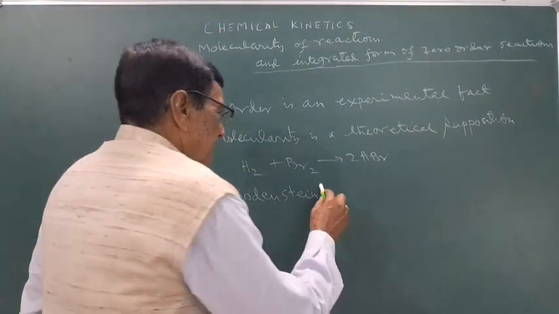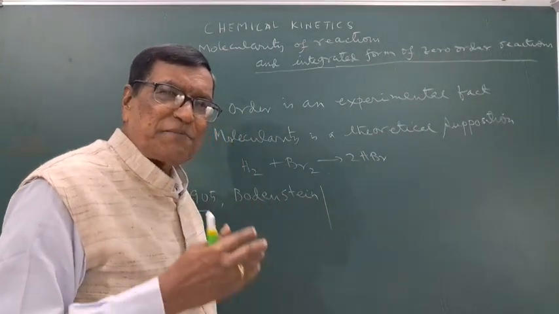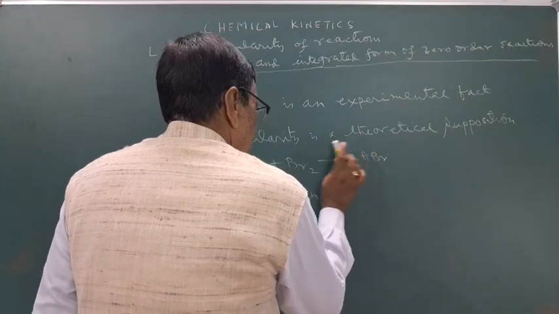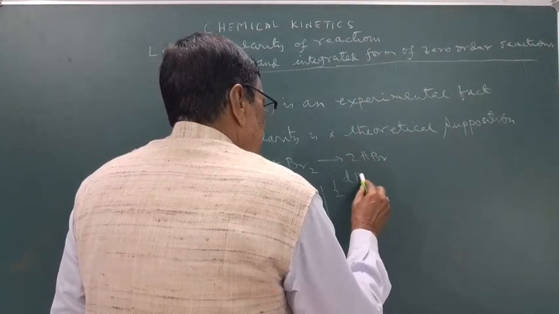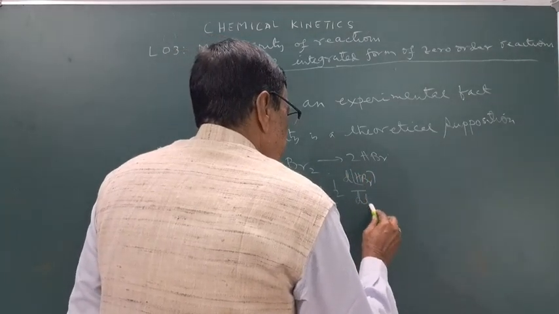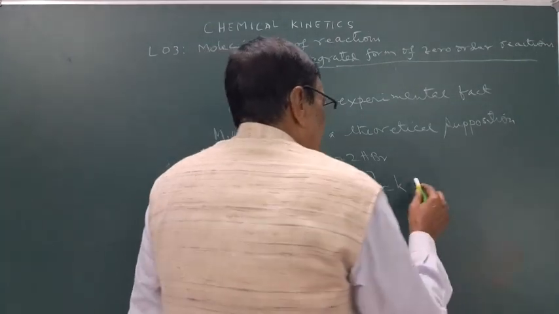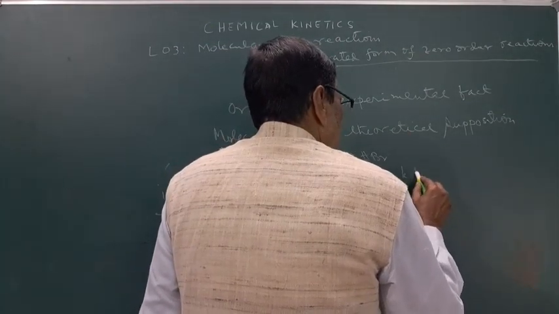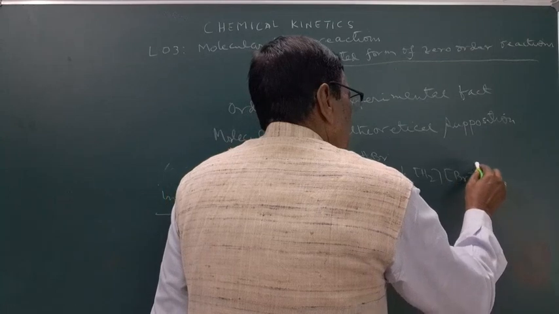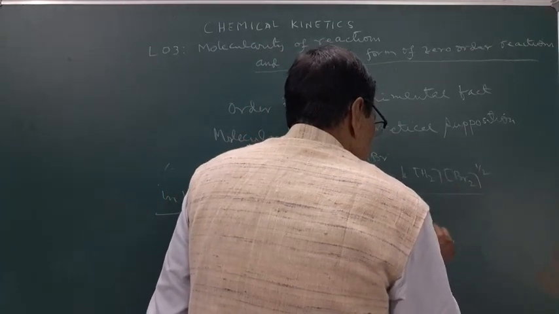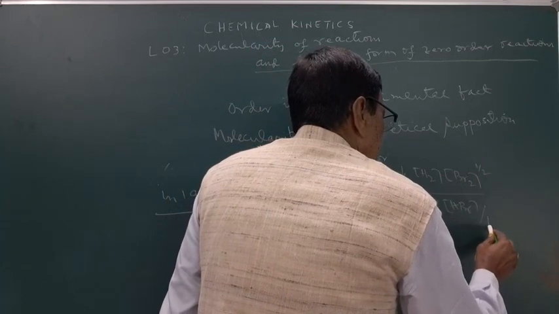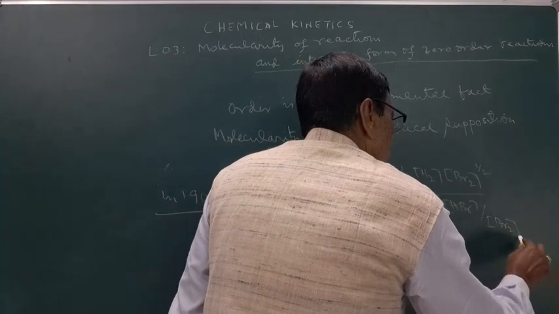According to Bodenstein's mechanism, the rate is found to be: minus half d[HBr]/dt equals K [H2][Br2]^(1/2) divided by 1 plus K' [HBr]/[Br2].